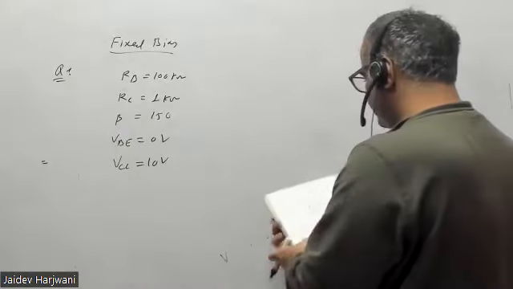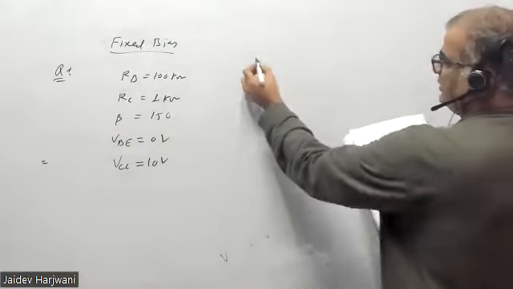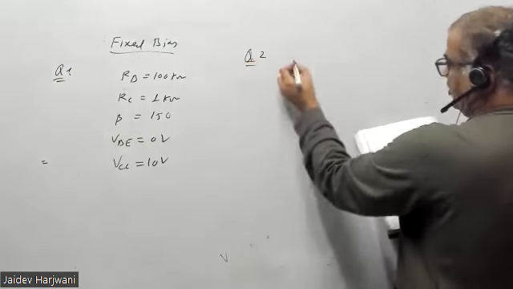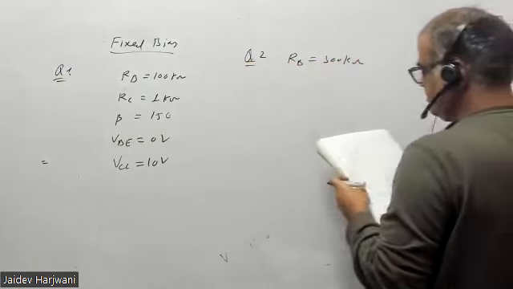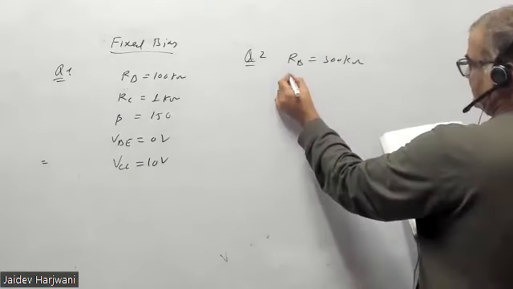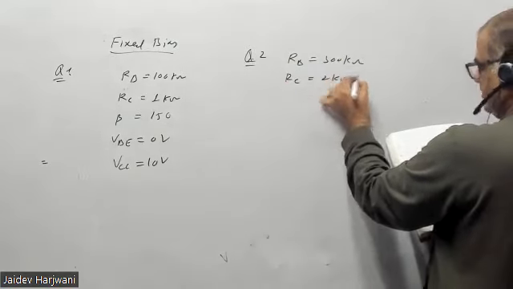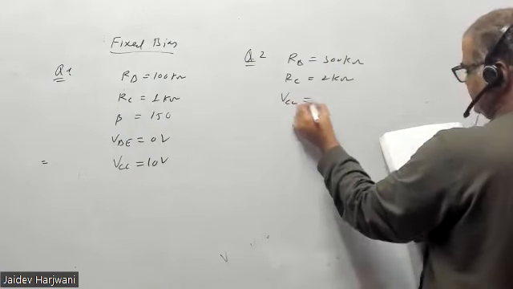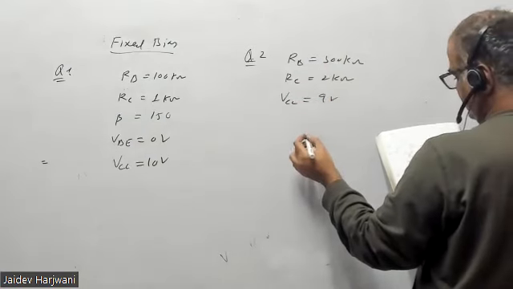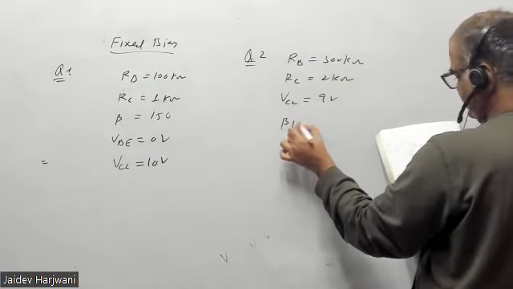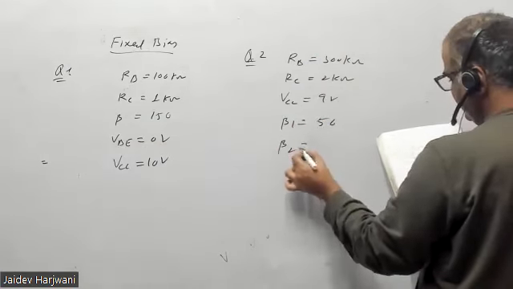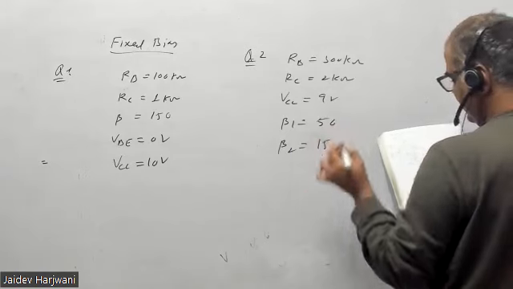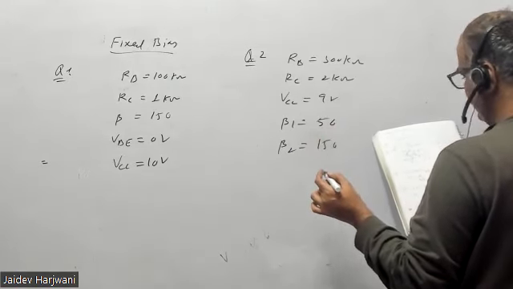For question number 2, RB value is 300 kilo ohm, RC value is 2 kilo ohm, VCC is 9 volt, and beta 1 is 50. First you take beta 1, and in the second case you take beta 2 equal to 150. VBE in both cases you can take 0.